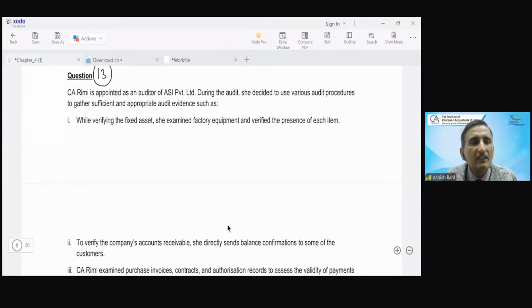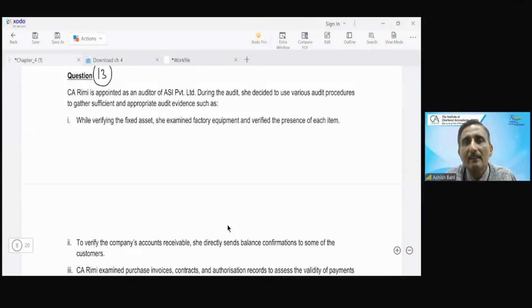First point. Clear? Come on quickly, students. What is the type of audit procedures? We have just gone through these audit procedures: analytical procedures, observation, inspection, inquiry, recalculation, reperformance.